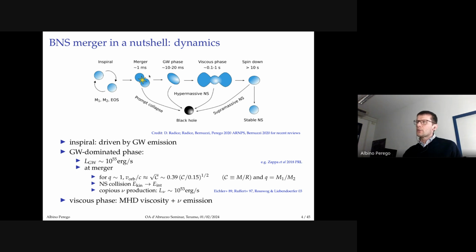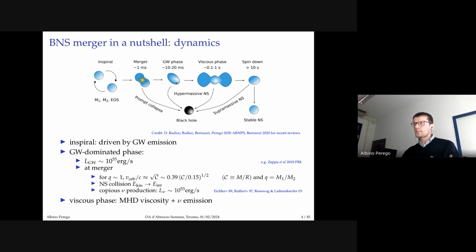Anyway, after the merger itself, there is a phase which lasts 10, 20 milliseconds, where the two neutron stars are still fusing, so the two cores are forming a kind of cigar shape, which is still a very strong gravitational wave emitter. So the emission of gravitational waves is still the dominant process in this phase, because of this shape.